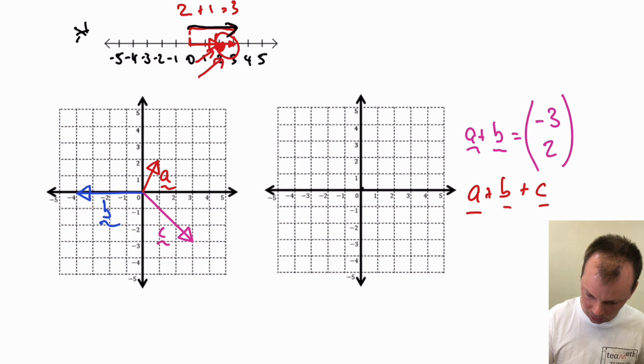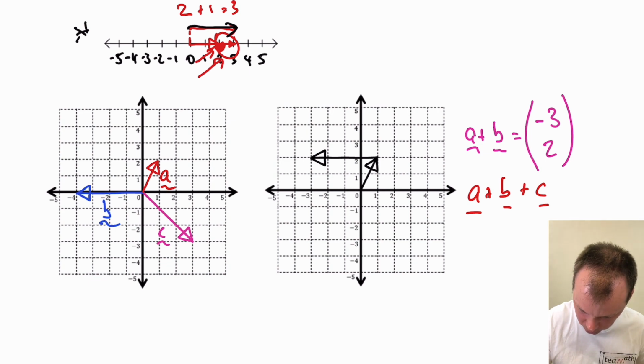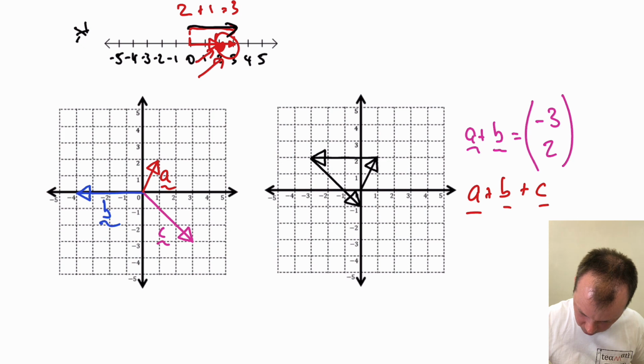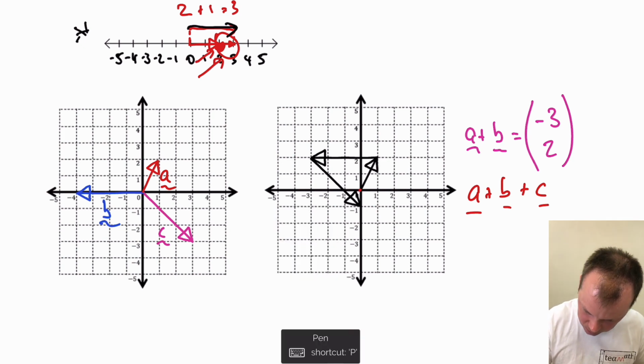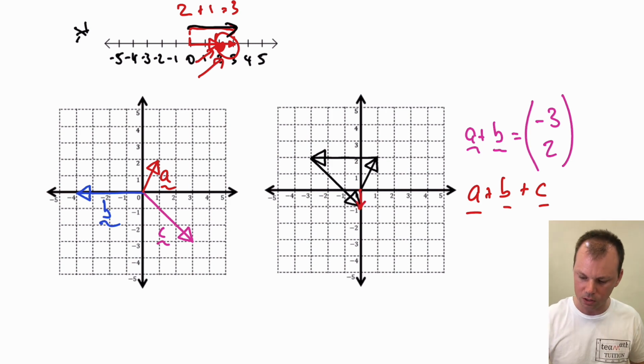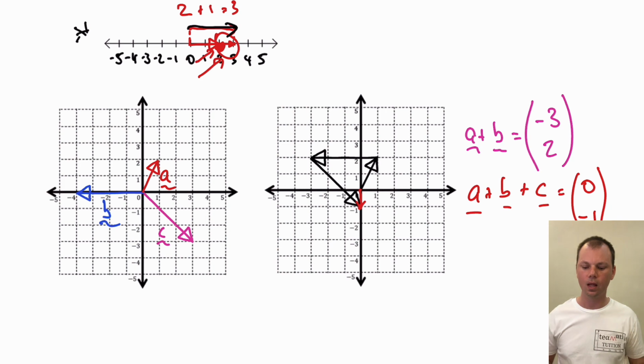So we've got A, we've got B goes across 4, and we've got C goes down 3 and across 3. And we end up with the vector, so from the tail of the complex to the tip of the complex, it travels in that direction. So that would be 0 in the x direction and -1 in the y direction.